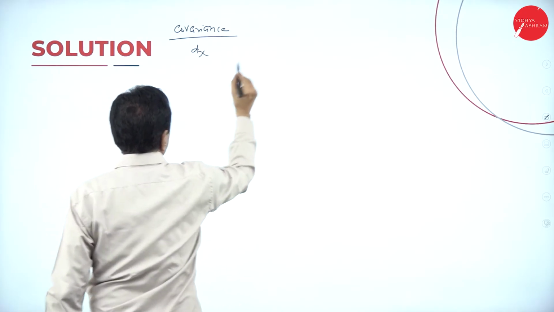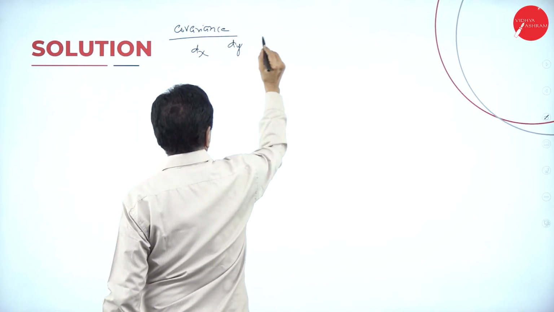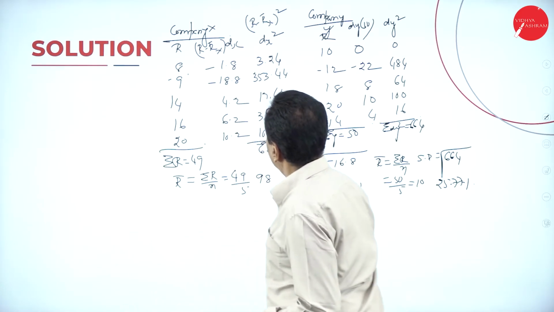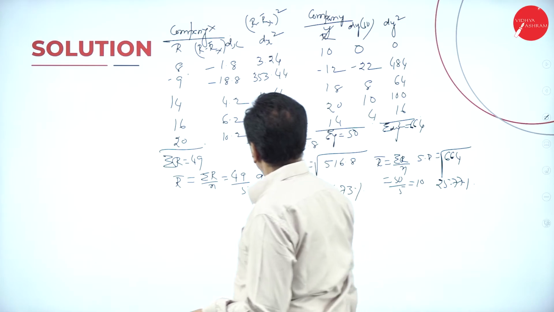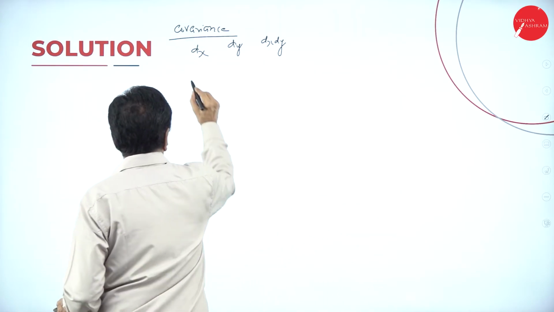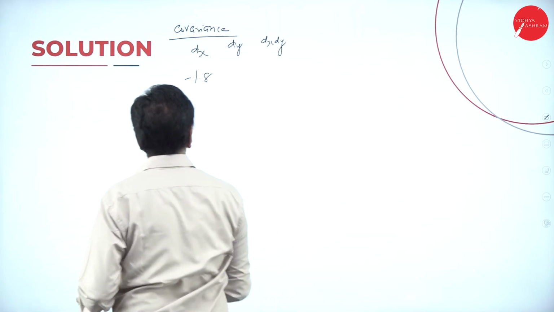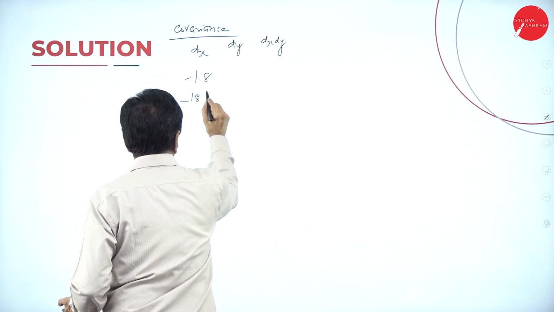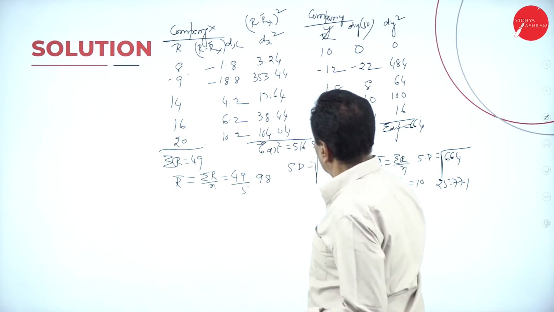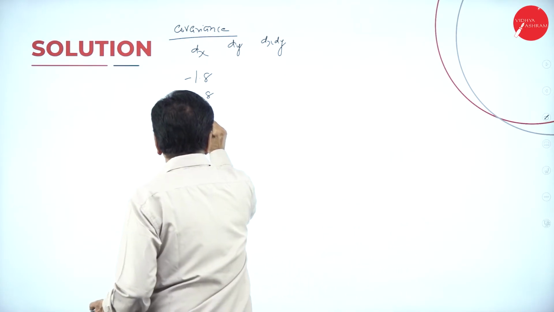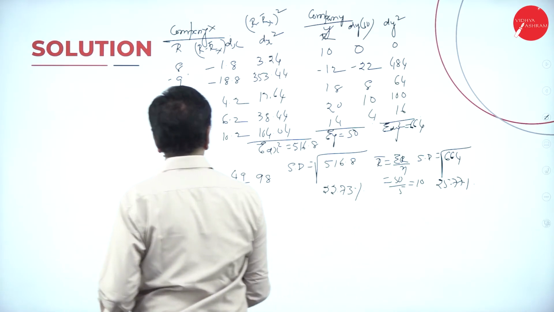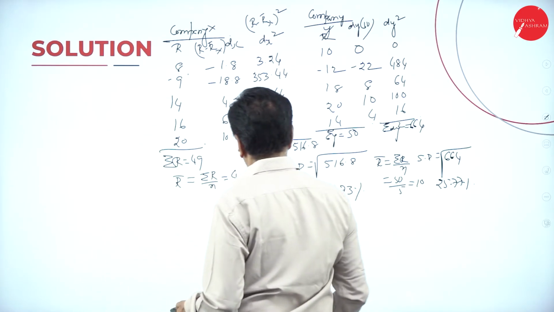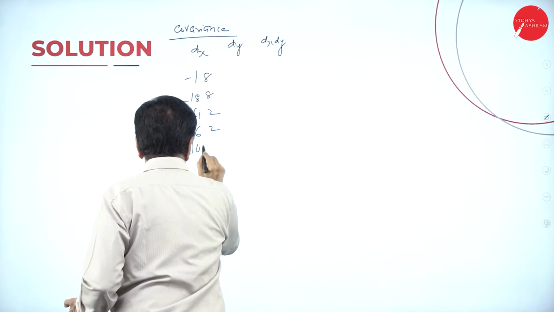Deviation of X, deviation of Y is equal to dx dy. What's the deviation of X? Minus 1.8, minus 18.8, 4.2, 6.2, then 10.2.